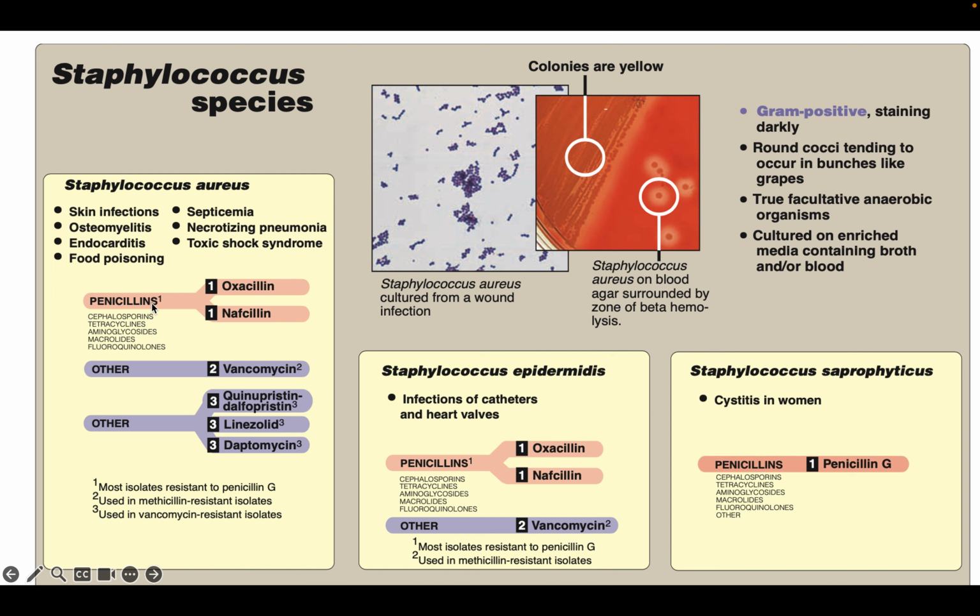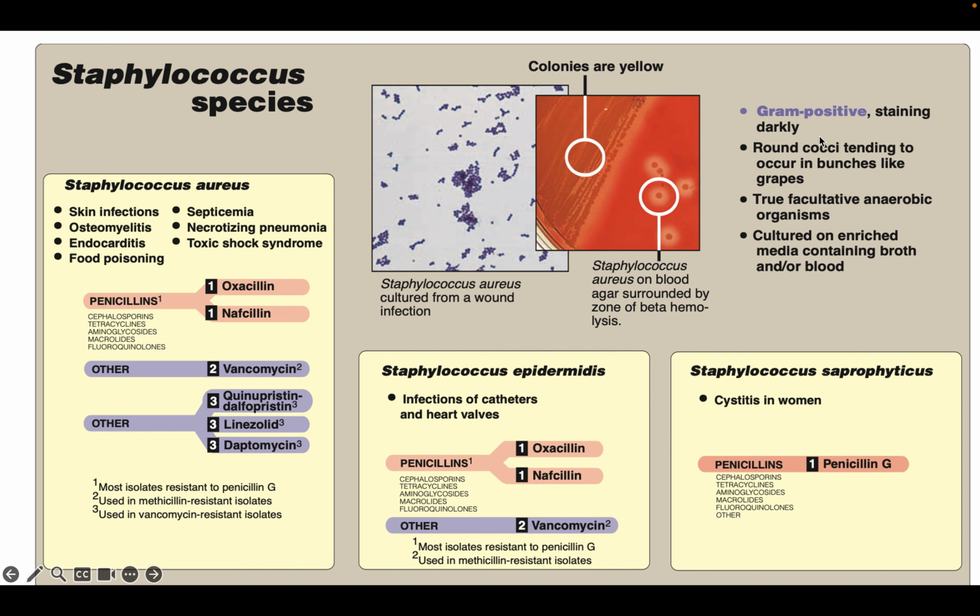They all have the same management. We start with penicillins, not penicillin G. We start with oxacillin and nafcillin, then vancomycin, and if it is resistant, we can use the streptogramins, quinupristin and dalfopristin, linezolid, and daptomycin.